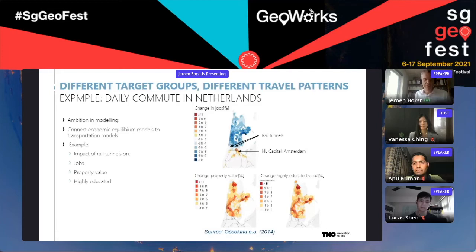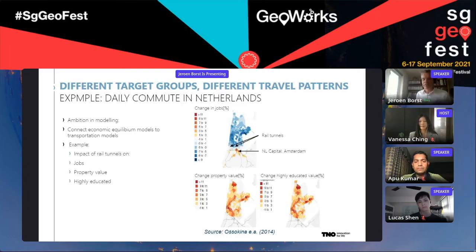But the effect is that they raised the property value, so the house prices, and the people with fewer opportunities, with lower incomes, have no access or less access to the jobs that moved to our capital, but they saw the house prices in their area increase. So this is an effect, I think, not intended by an investment in infrastructure.